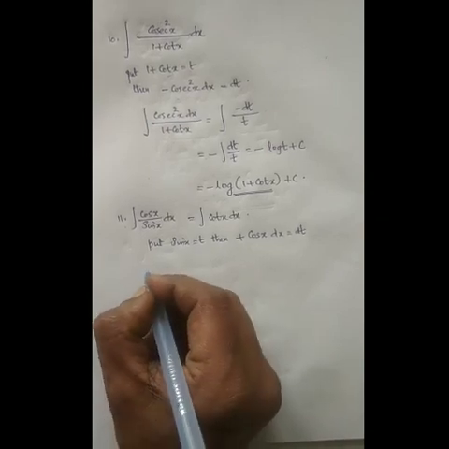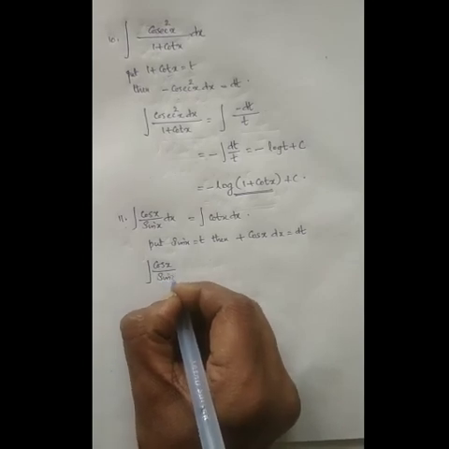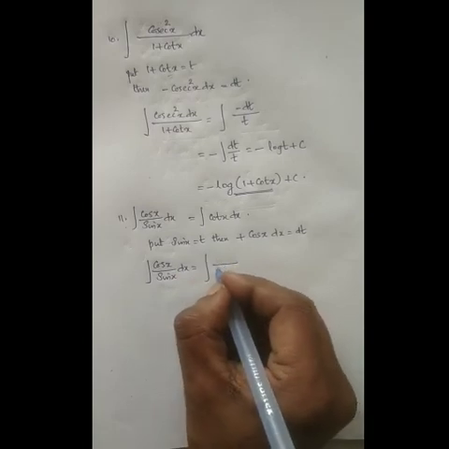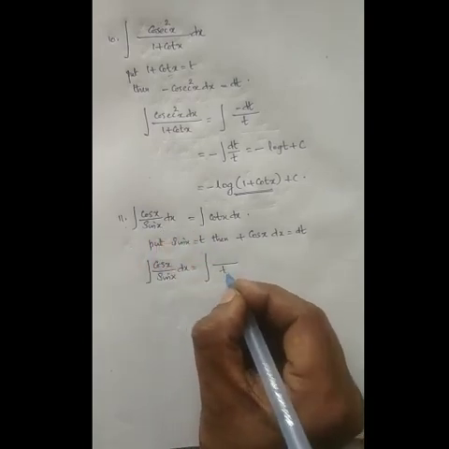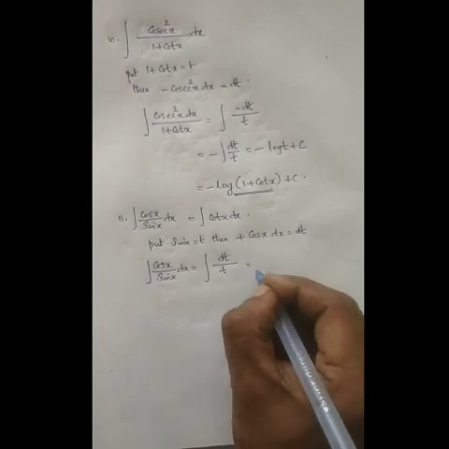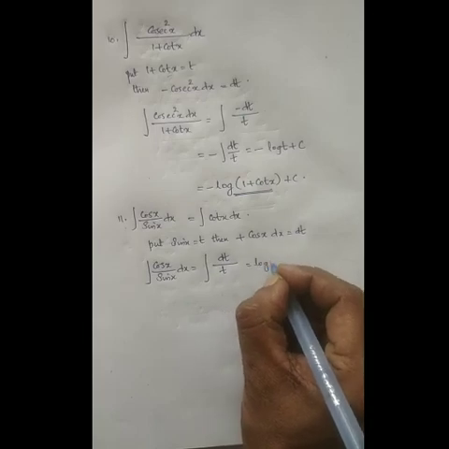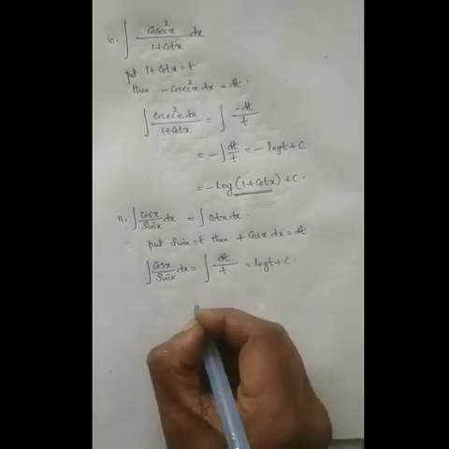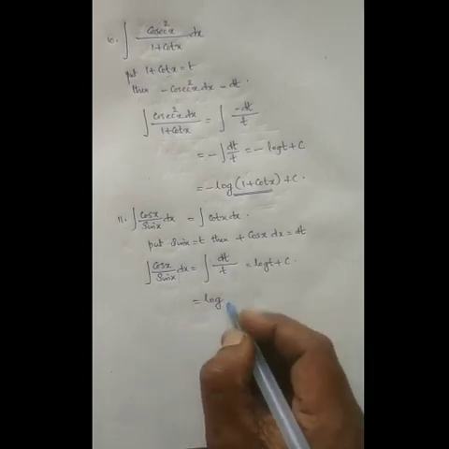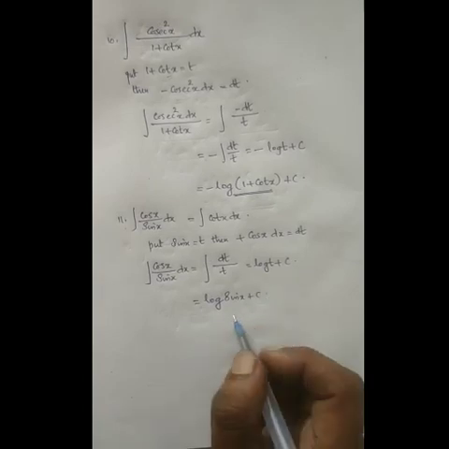Therefore, the integrand becomes integral of cos x by sin x into dx equal to, denominator can be written as t and the numerator is equal to dt, equal to integral of 1 by t dt is log t plus c, or this is equal to log of t is sin x, log sin x plus c.